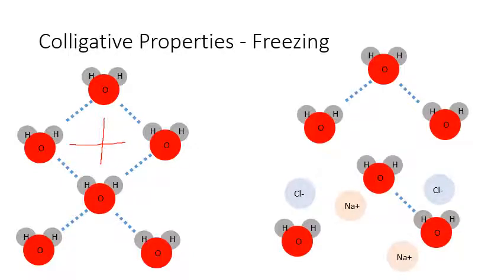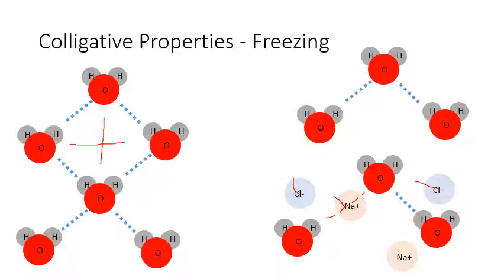But if we have a bunch of NaCl or MgCl2 or any ion in solution, it blocks those bonds from forming. So I try to line up all my water molecules in just the perfect shape and have that really good structure, but there's a sodium in the way right here. There's a chlorine in the way over here, and that prevents the water from forming that perfect crystal shape as quickly. And if it takes longer, it slows it down. And when water slows down, that's the equivalent of having a lower temperature of freezing.